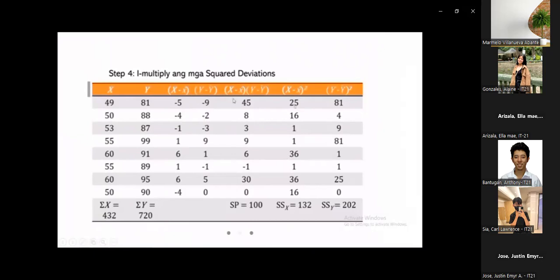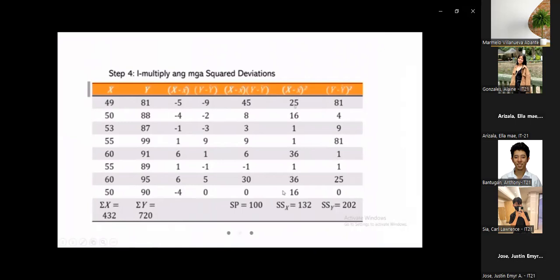Ganun din gagawin natin sa deviation ng y. Squared lang din natin. And then after that, kukunin ulit natin yung summation niyan. So summation ng squared ng x is equals to 132. Summation ng squared ng y is 202.